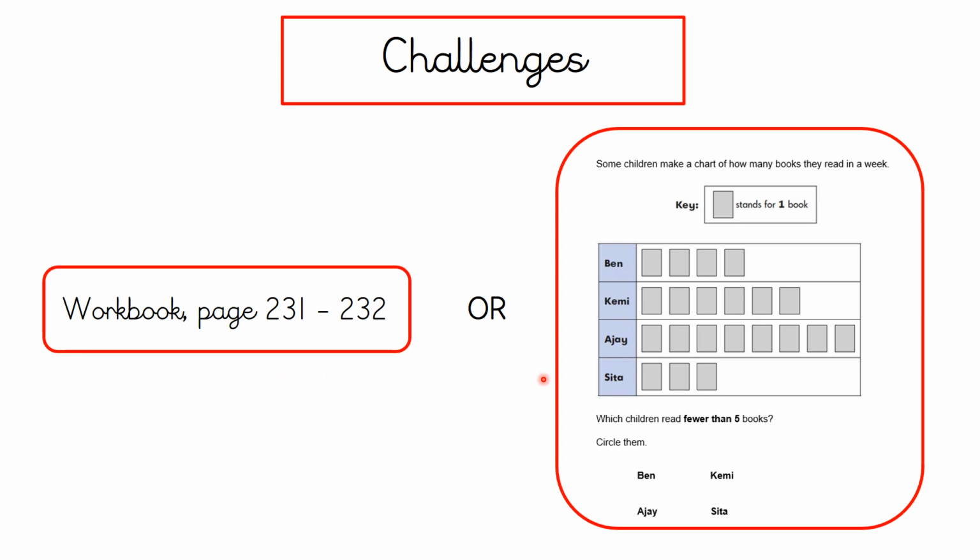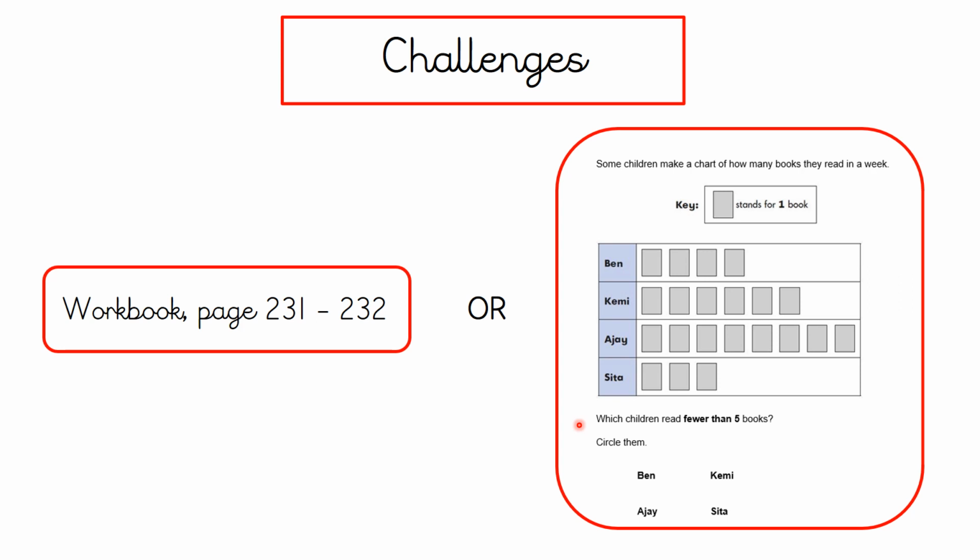Some children make a chart of how many books they read in a week. The key explains what the picture represents, and here one rectangle stands for one book. We can see Ben's books, Kemi's books, AJ's books, and Sita's books. Which children read fewer than 5 books?